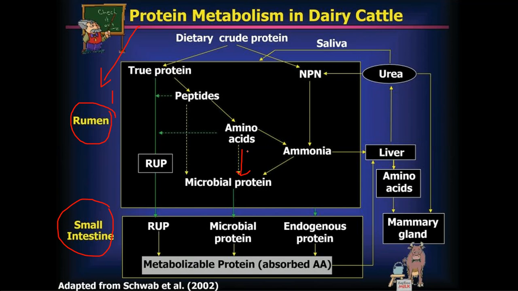Then usually rumen undegraded proteins are produced. So these RUPs are metabolizable proteins, absorbed as amino acids. They become endogenous proteins, the building blocks of the body for the production of muscles and also milk fat.